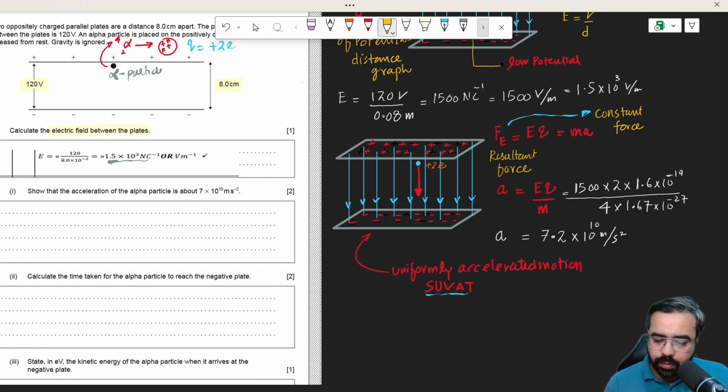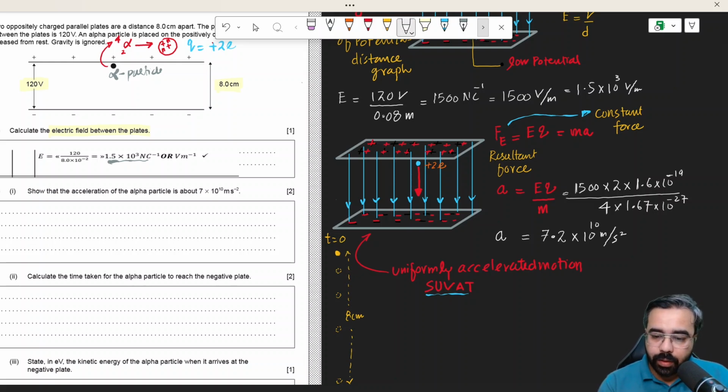So if I just quickly show you, if this is an alpha particle at time t equal to 0 when it was just released, because it is accelerating, its distance will increase non-uniformly, because that is a property of constantly accelerated motion. The distance it has covered is 8 centimeter, and the displacement covered is negative 8 centimeter.